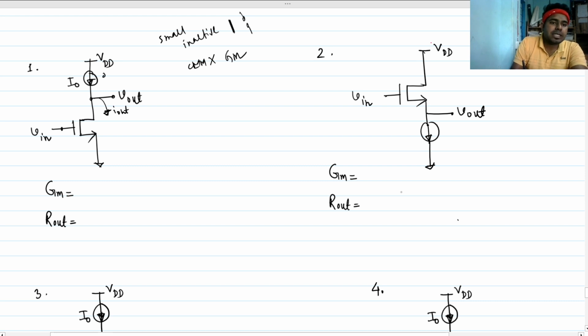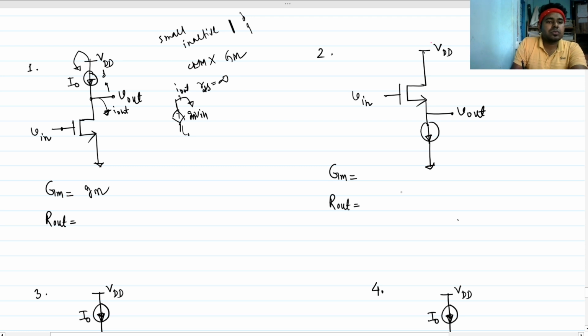This will be open circuit as this is a constant current source, and this will also be ground. If we neglect channel length modulation, that means RDS is infinite, so there will be only one dependent path. This will be gm into Vin, and this is nothing but I out as well. So overall gm here is nothing but small gm.